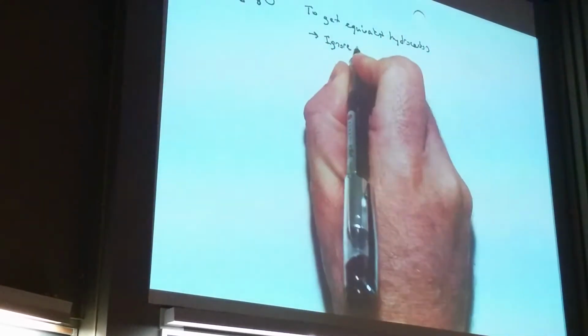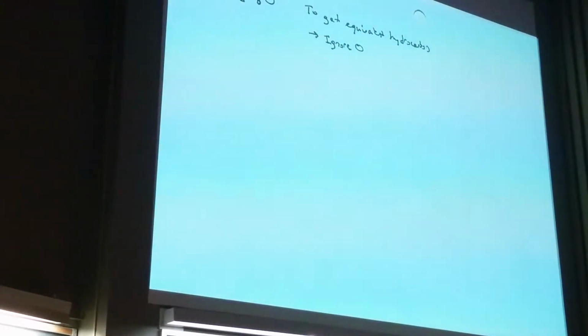How do we do that? Well, let me outline the rules really quickly. To get the equivalent hydrocarbon, we ignore oxygen. If there's any oxygen present in the formula, just get rid of it. It doesn't affect the number of hydrogens.